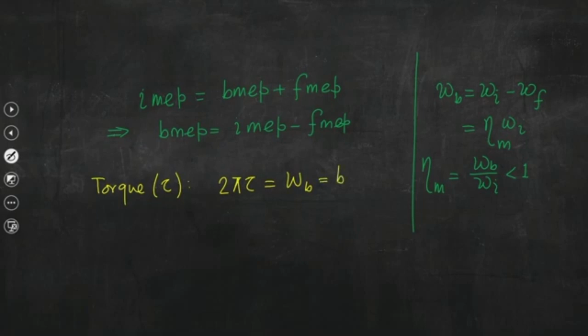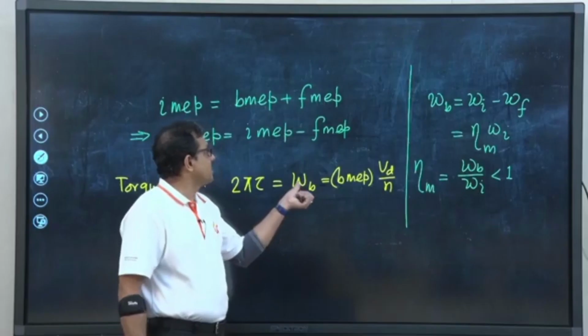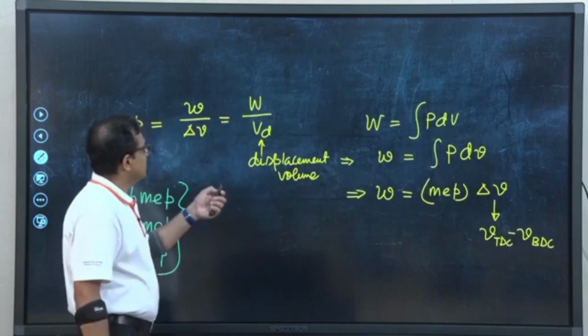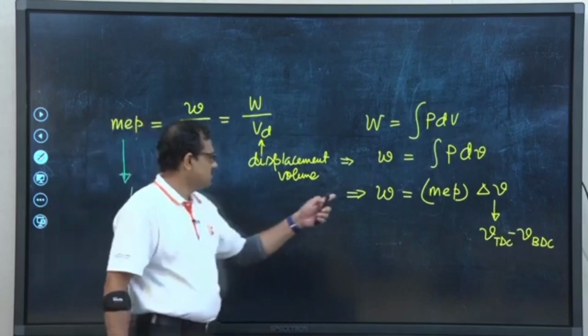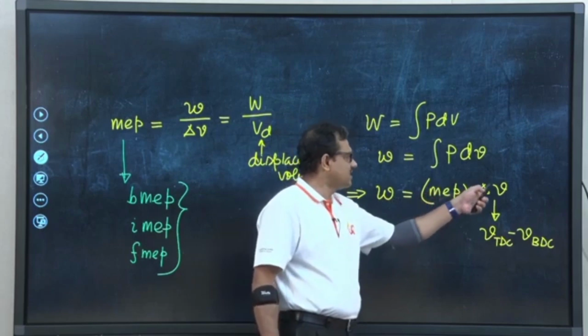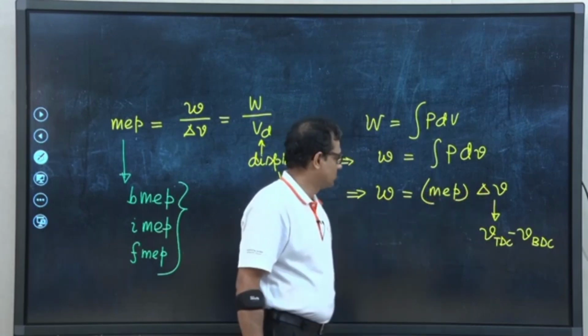So, this is brake mean effective pressure into Vd divided by N. Note it, because we are not writing in specific form. So, WB is brake work, and if we look at the expression, it is brake mean effective pressure times VD, the displacement volume.